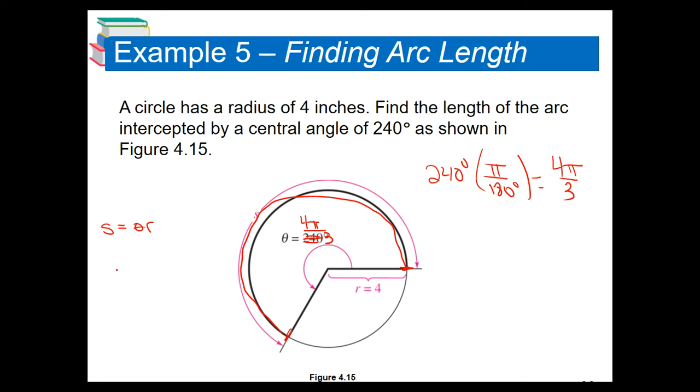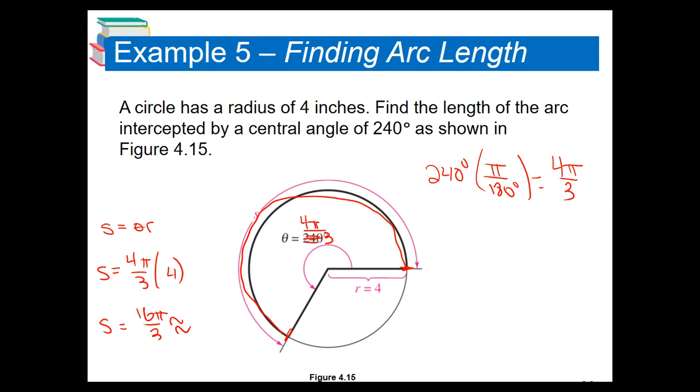Now to find that arc length, I just take that measurement, which is 4 pi over 3, and I multiply it by the radius of 4. If I want to be exact, that's going to be 16 pi over 3. And if I wanted to find out about how much that actual arc length is, I would use 3.14 or the pi button.